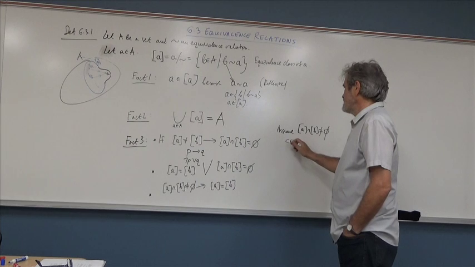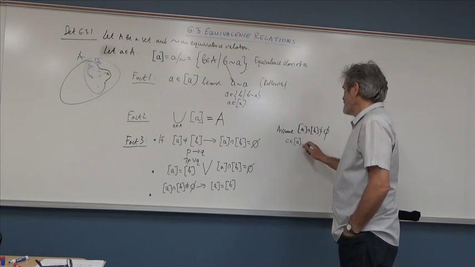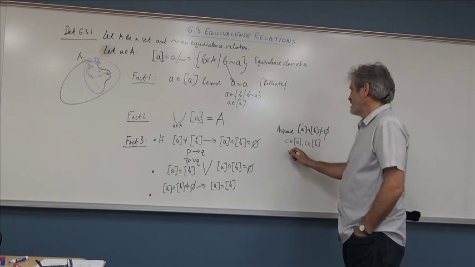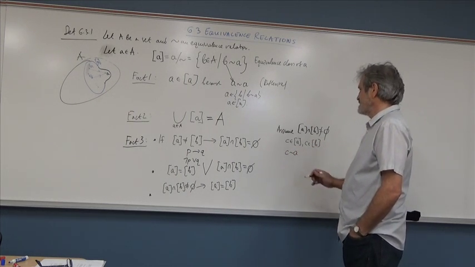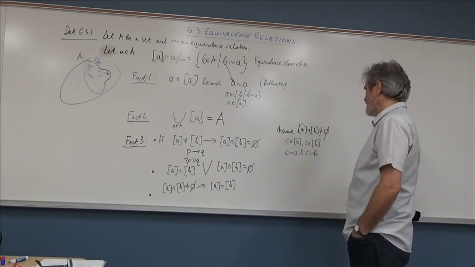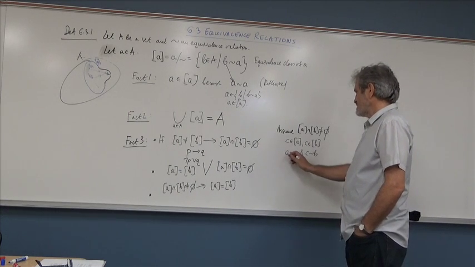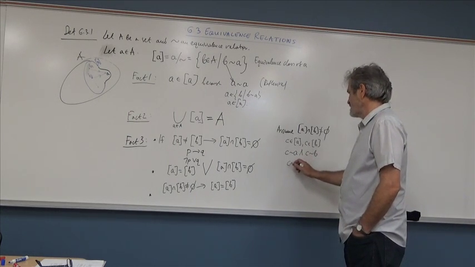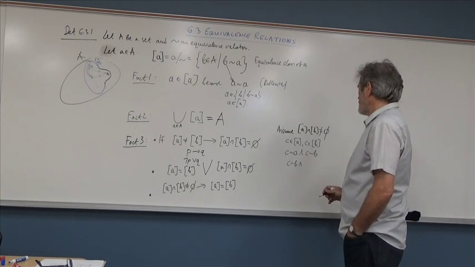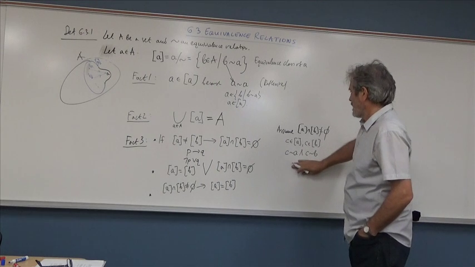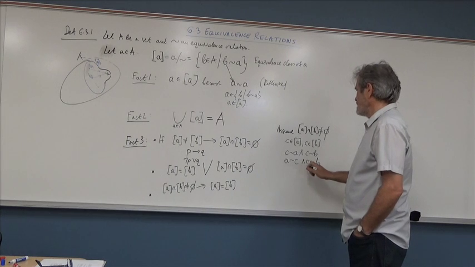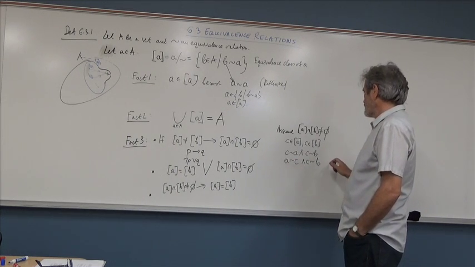There exists some C that belongs to A and C belongs to B. That means that C is tilde A and C is tilde B. But then, if C is tilde A, I can say A tilde C because of the symmetry, and C tilde B. What did I do here?